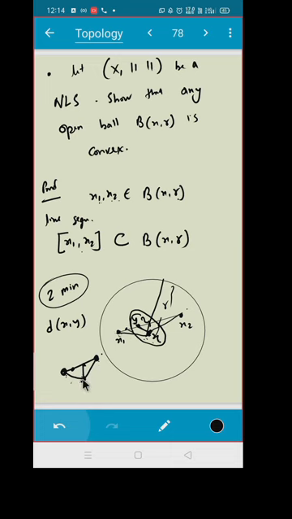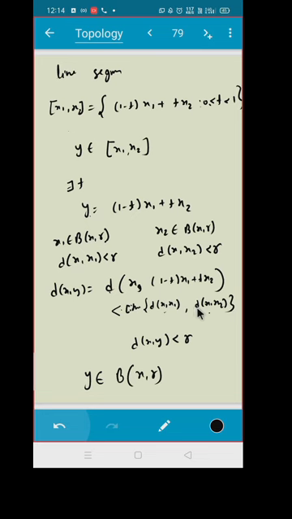Yes, sir. So by using help from the graph, we can see that both of them are less than r. So whatever value it gives, it will always be less than r, which tells me that y belongs to B(x, r). Hence proved. Whatever point you take, the line will completely lie inside that open ball.